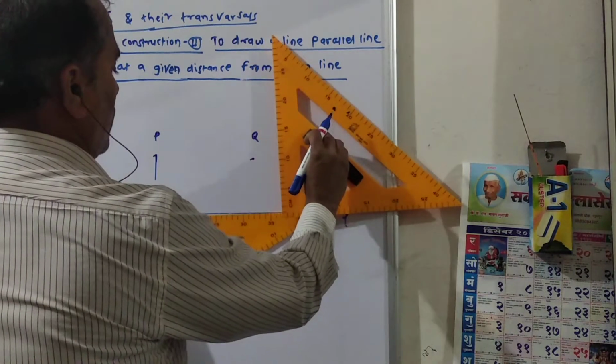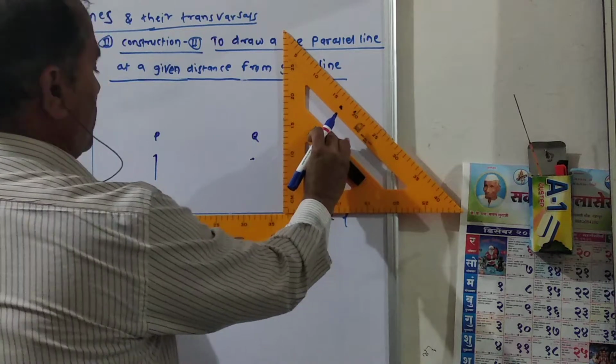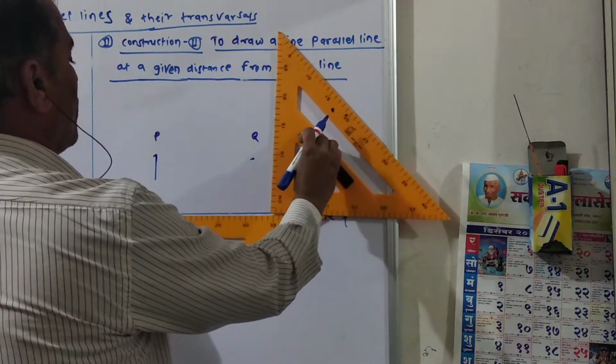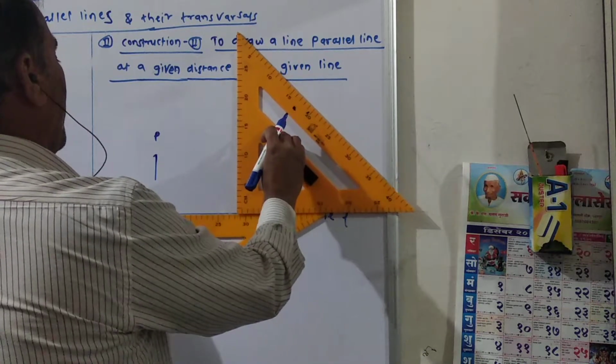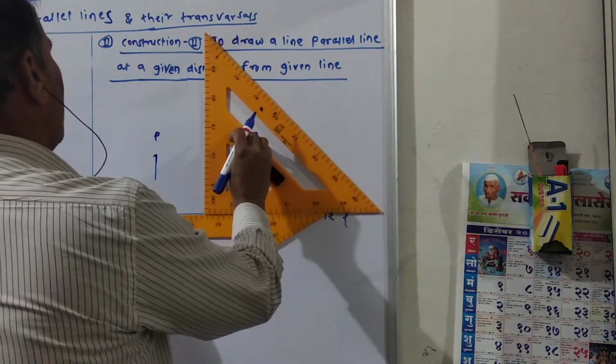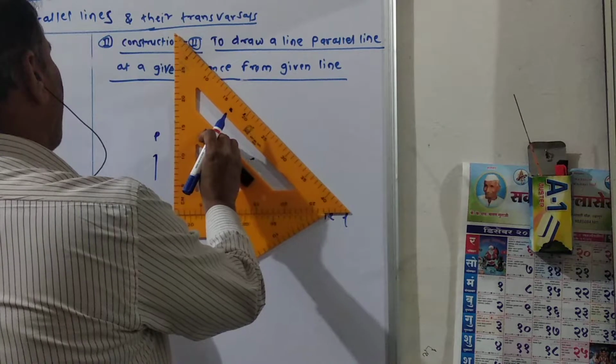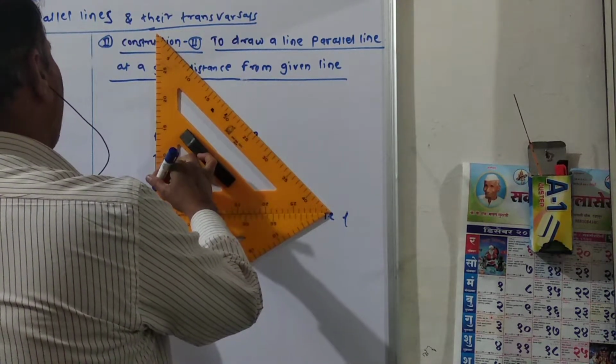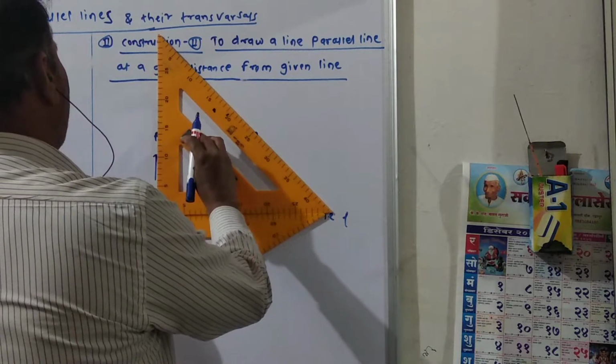Pay attention here. The set square 60 and set square 45 are given here, and by slowly sliding the set square 45 on set square 60, we have to draw the given line. Here is the point.